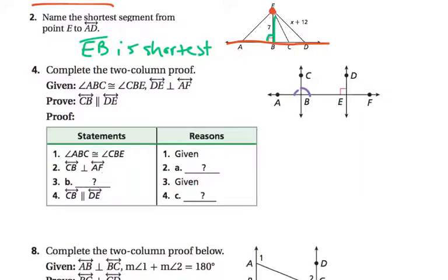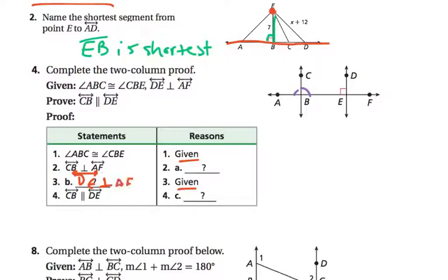Perfect. So in the first one here, we are told that ABC is congruent to CBE. And you'll notice that as we look in here, the second piece isn't in there. So the first thing I'm going to do is actually fill in the second piece. Notice the given is a little bit further down, and that's just because of the way that the book likes to only mention the given once they're actually using it.